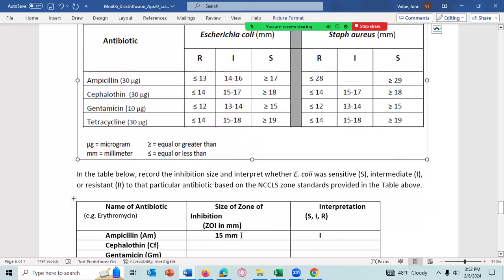So the point is, write down the size of the zone of inhibition. You have to measure that using the caliper and then give the interpretation. Take this 15 millimeters up for ampicillin, and you see that it's in the I. So mark it I. Remember, I is intermediate. S, sensitive to that antibiotic, and then R, resistant to that antibiotic.